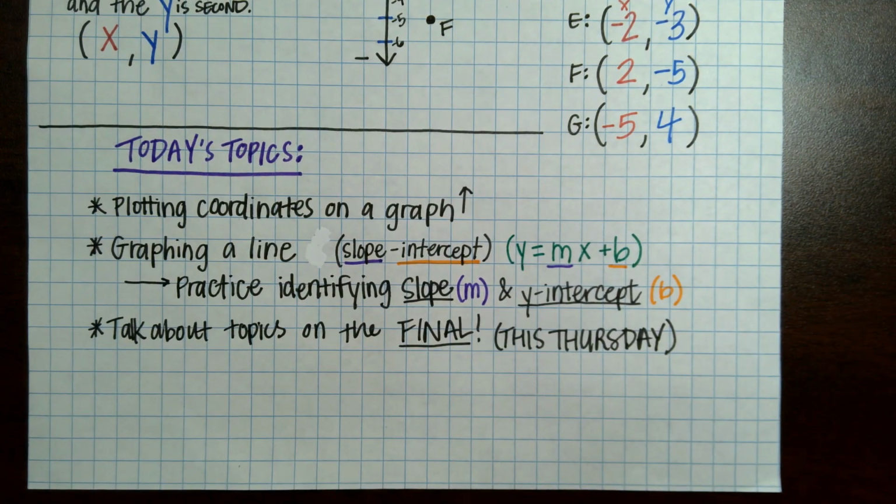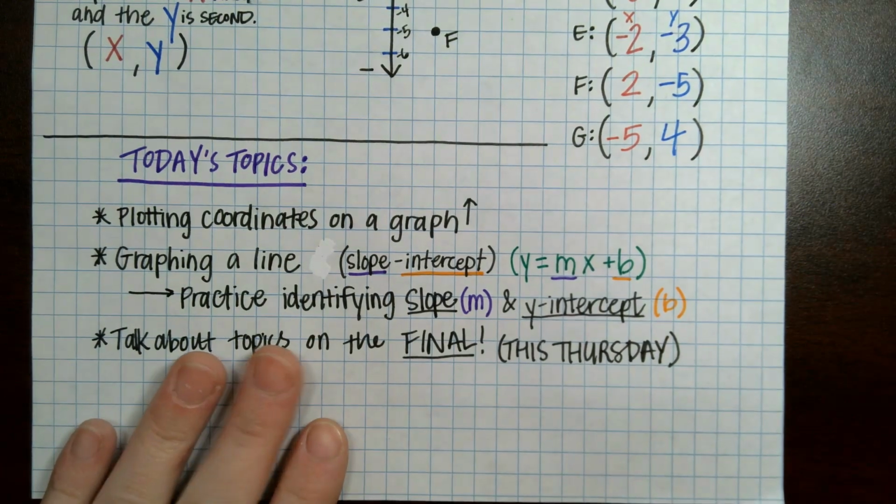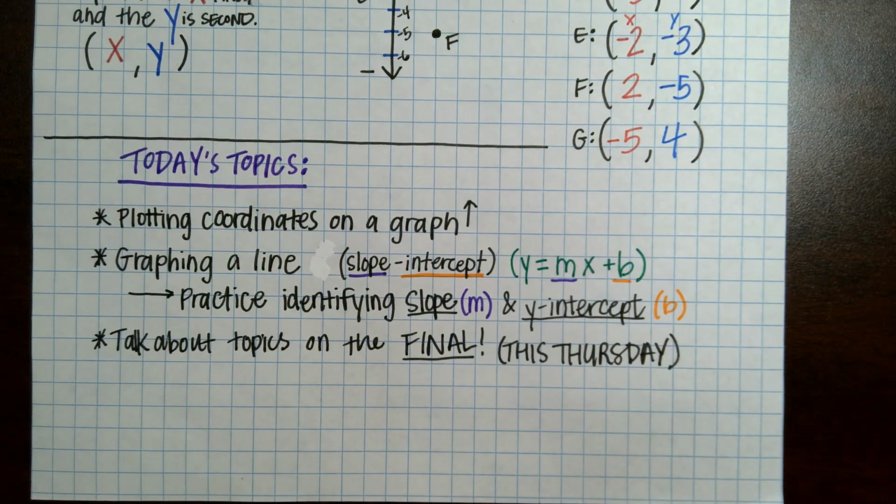What I would like you all to do is, if you do not have any graph paper, go ahead and grab some. It's the right side underneath where you turn in all your papers. There's a whole bunch of graph paper. You can absolutely use what I already gave you, yes.